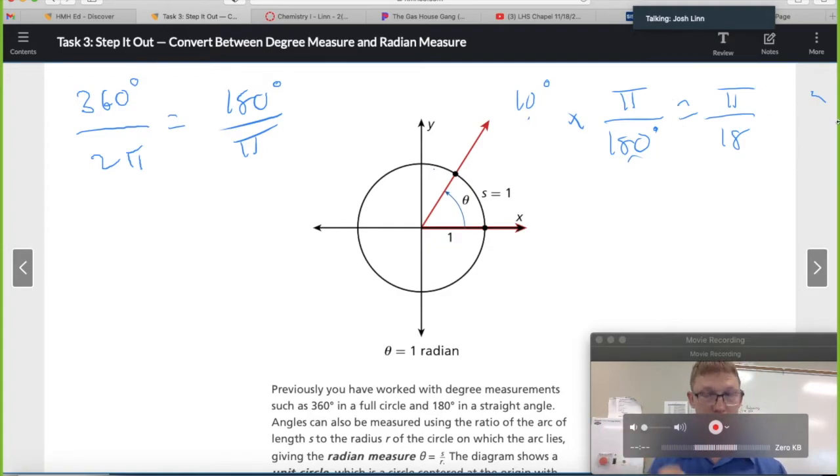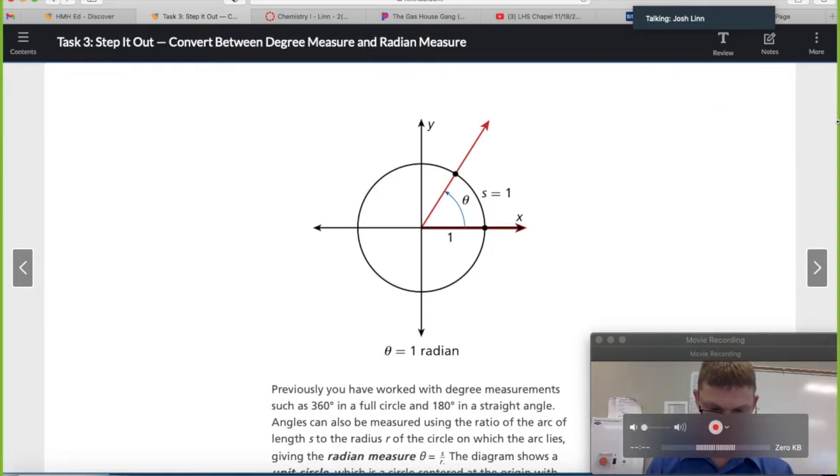And you can do the opposite too. Again, we've got our conversion factor, 180 degrees over pi. Let's say we have radians of, I don't know, 1/4 pi, and we want that in degrees. So there are how many degrees per 1 pi?